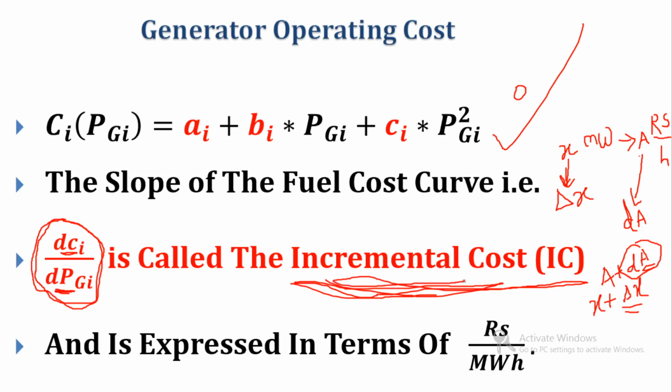Its unit is rupees per megawatt hour. That means to increase this amount of power, I need this amount of rupees. The first order differentiation of generator operating cost is known as incremental fuel cost. This is one of the most important definitions or topics from this chapter.